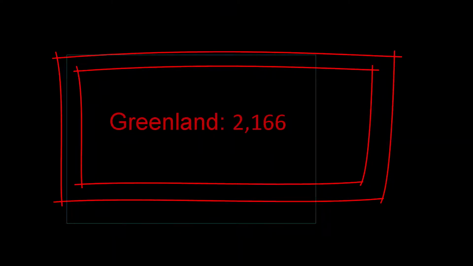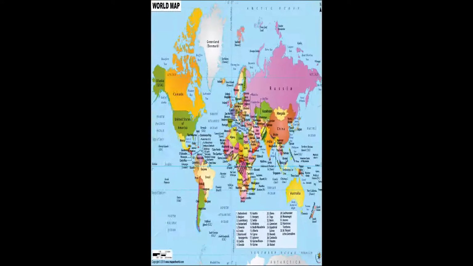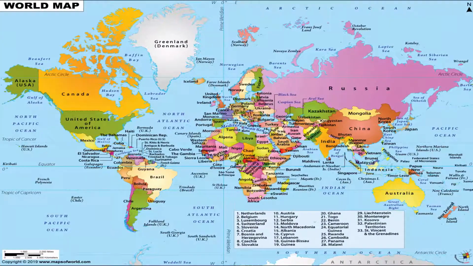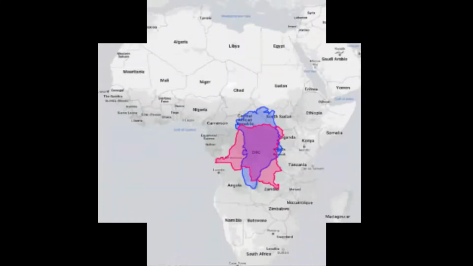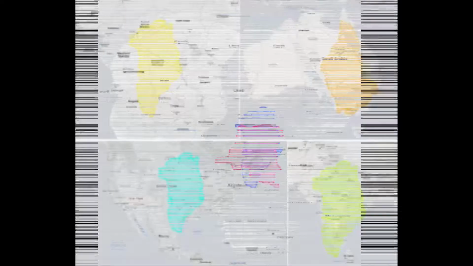Africa is 30.37 million square kilometers. According to these figures, not only is Africa far bigger than Greenland, but if you superimpose these two areas on top of each other, you will find out you can put 14 Greenlands in Africa and Africa is still larger in area.